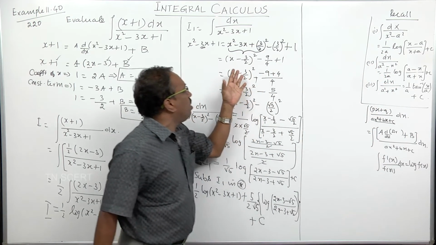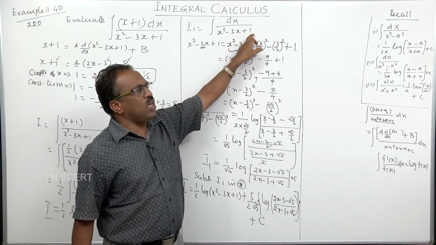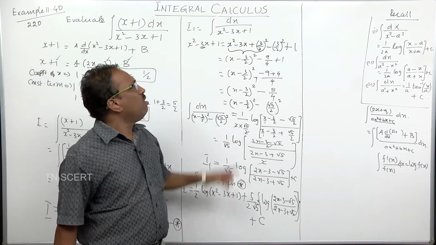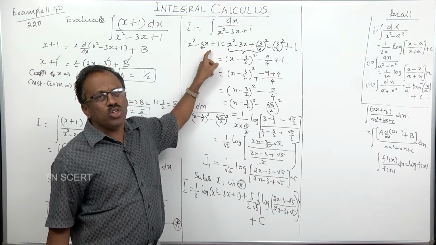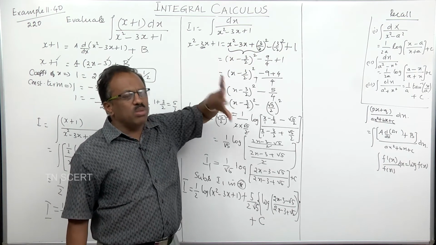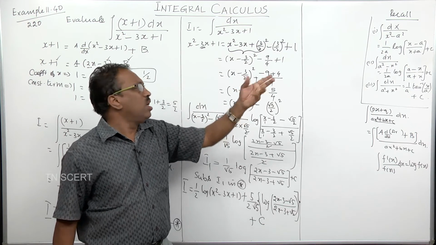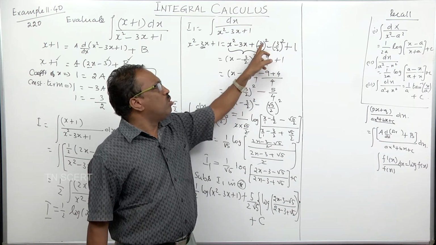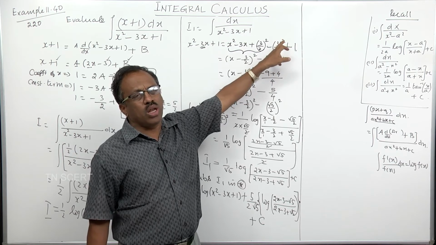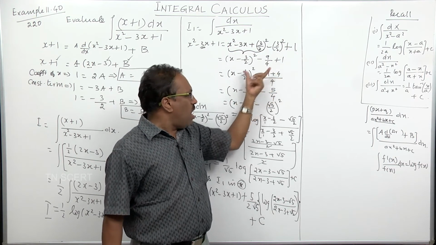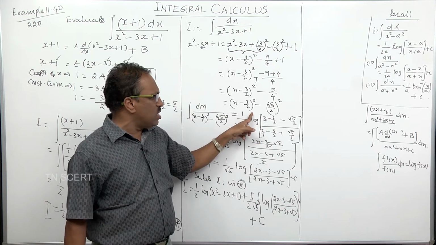Since it is minus, definitely one of these results is going to be applied. So you have to recall the formula, and for x² − 3x + 1 you have to complete the square: take the coefficient of x, divide it by 2, square it, and the same term you have to subtract. So (3/2)² minus (3/2)², and whatever constant exists we have written. After simplifying, I got this result.